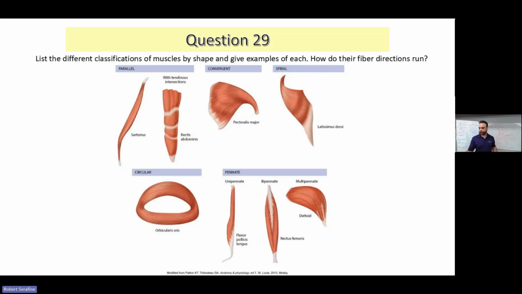So easy examples would be like your rectus abdominis, right? Your abs. These muscle fibers run vertical and they run side by side. Then we have convergent muscles, which, well, if you were to converge with someone or something, you would meet at a specific point. You guys came from different places, so you started broad and wide and came to a finite point.